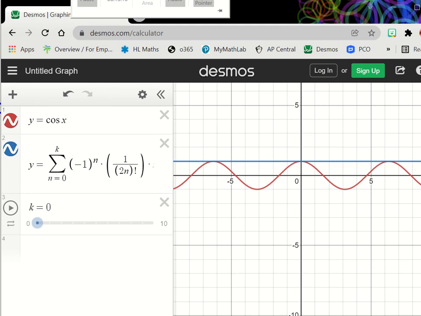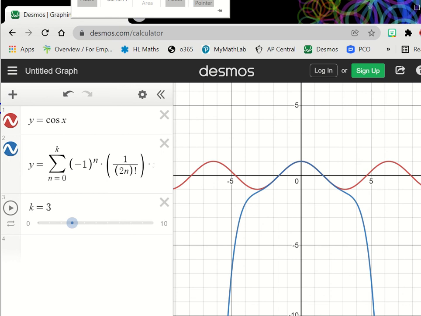As k goes from 0 to 1, you can see that in the neighborhood of x equals 0, it gets significantly closer. If k is 2, that's the 4th degree polynomial that we came up with. And if k equals 3, then that would be our 6th degree polynomial.